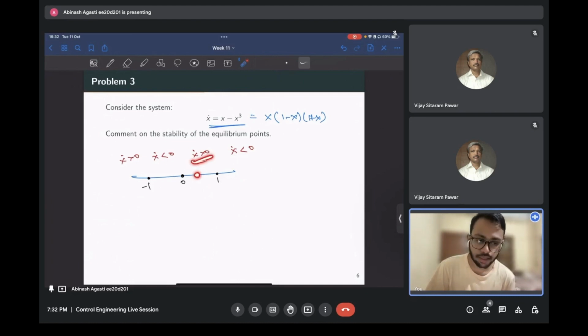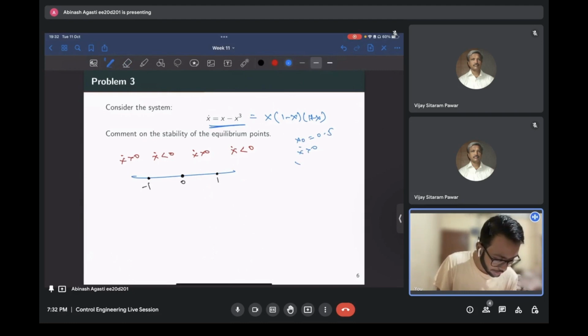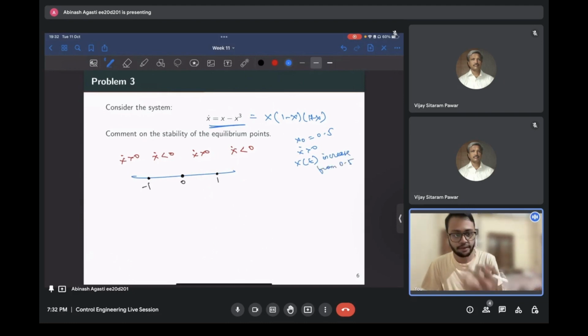then at this point x dot is greater than 0. So if I start at, say, x equal to 0.5 and x dot is greater than 0, then what do I get? x of t will increase from 0.5, since the derivative is positive, so the value will increase.